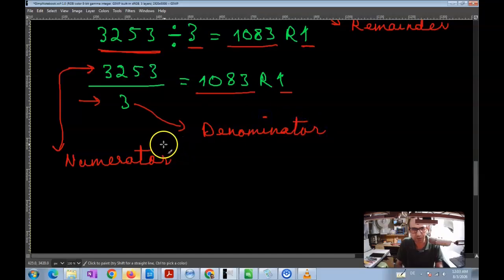So the number on the top is the numerator, the number on the bottom is the denominator. And that's basically everything about division, all that you need to know.